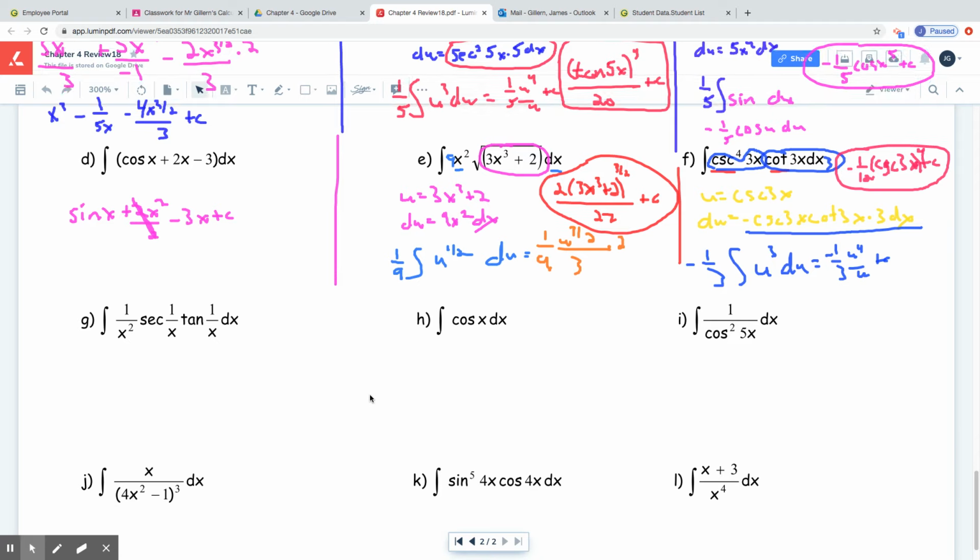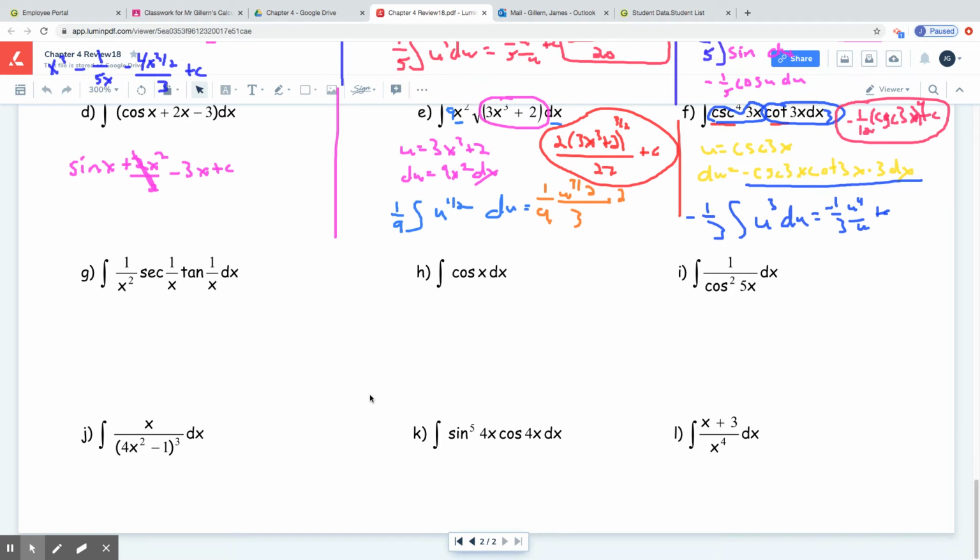All right, now we got another trig one, with 2 trig functions. However, the difference here is that they have the same exponent. So we are going to make u whatever comes immediately after, which is 1 over x, which is the same thing as x to the negative first. Taking the derivative of that gives negative x to the negative second, which is really negative 1 over x squared dx.